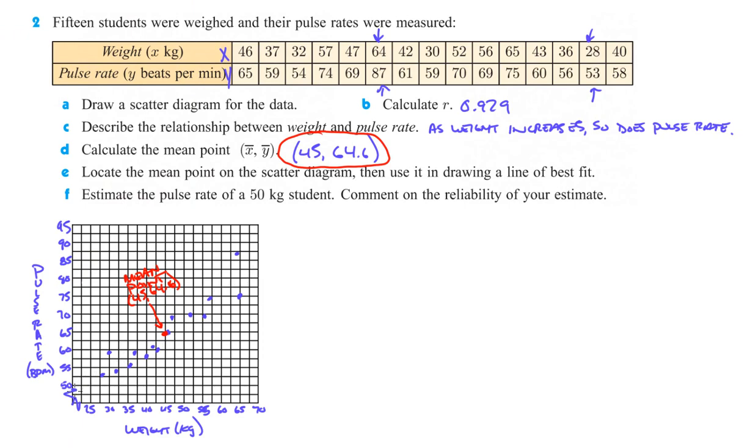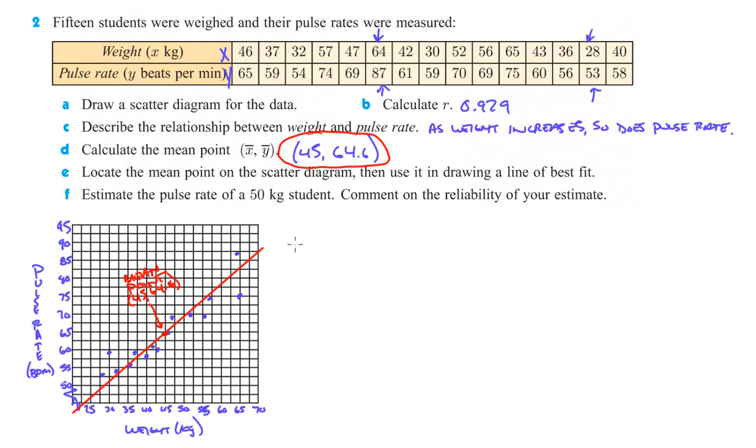So I would maybe go with something, and super important, it has to go through the mean point, and you want to draw it so it has the same number of dots above and below, and that looks pretty close. There's a few more below here, so you could possibly even tilt this up a little steeper, more like, say, here instead, and that might be a little bit more accurate, okay?